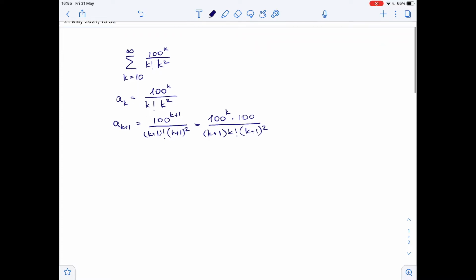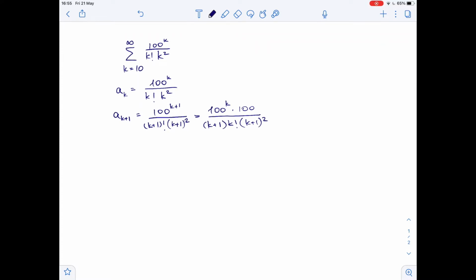Let's see how we can use this kind of test here. So 1 over L is equal to the limit where k approaches infinity, by the ratio test, of a of k plus 1 over a of k.